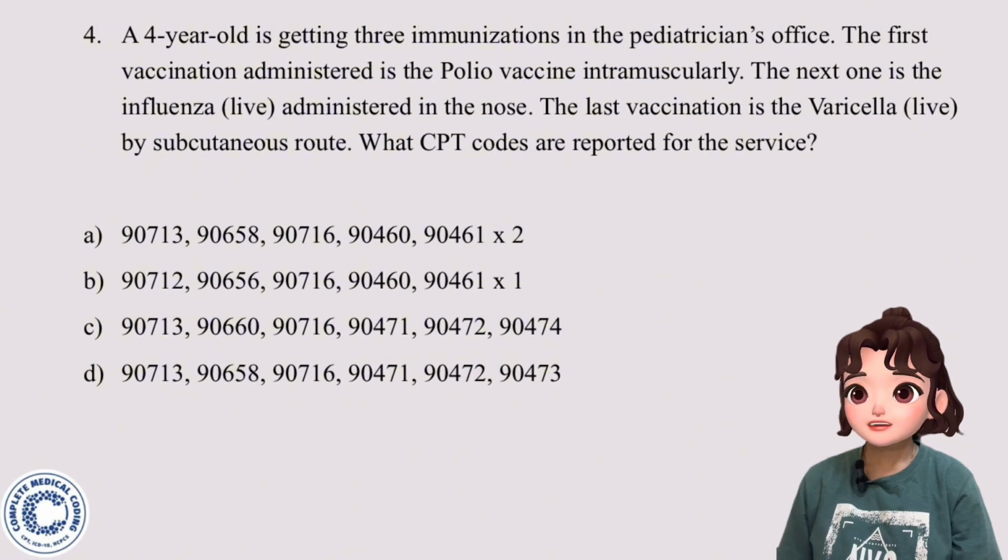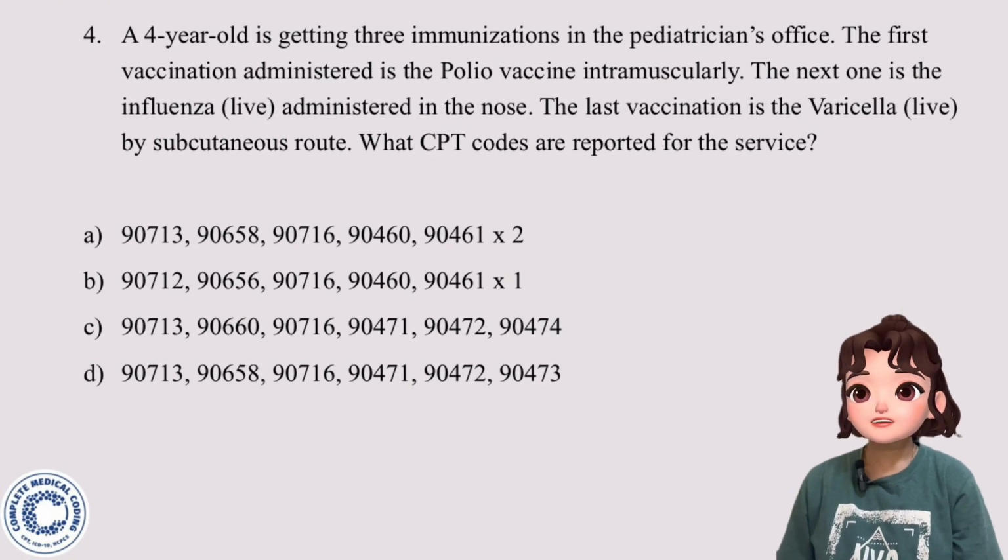Moving to the fourth question. A 4-year-old is getting 3 immunizations in the pediatrician's office. The first vaccination administered is the polio vaccine intramuscularly. The next one is the influenza live vaccine administered in the nose. And the last vaccination is a varicella live vaccine, by subcutaneous route. What CPT codes are reported for the service?